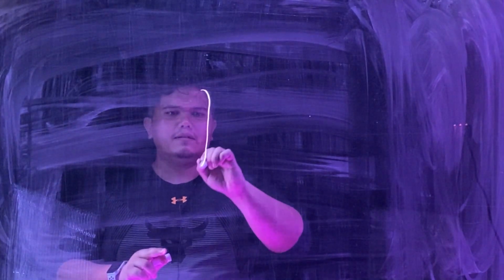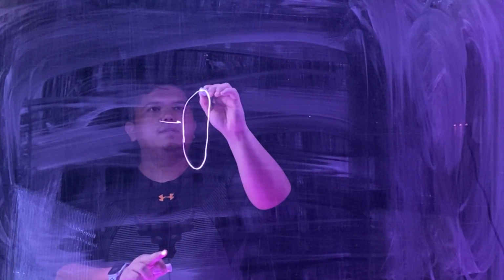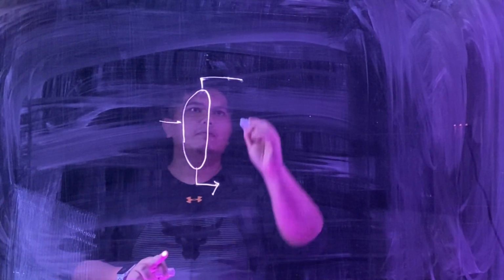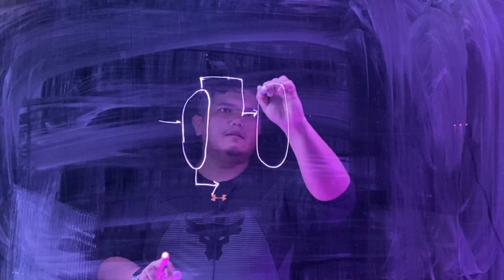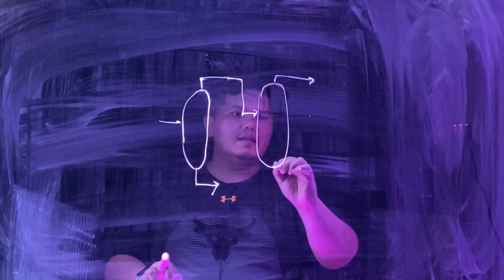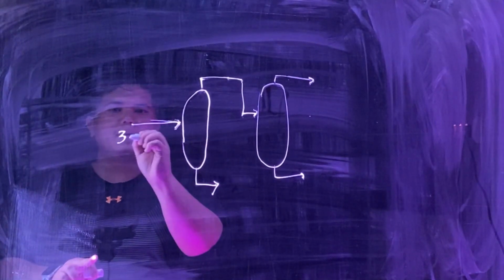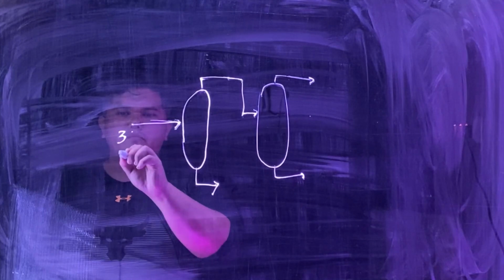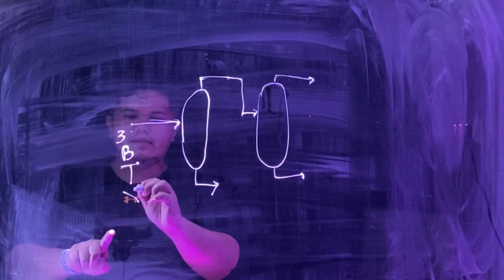Imagine right now, if let's say you have two distillation columns which are in series, and the aim is to separate three chemical components, which are benzene, toluene as well as xylene.